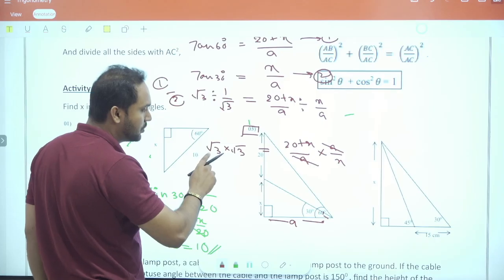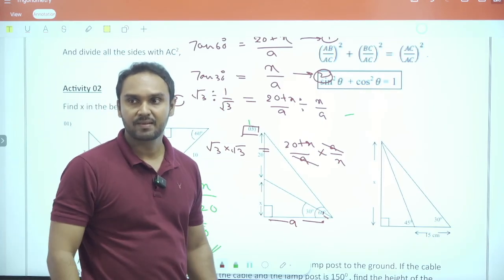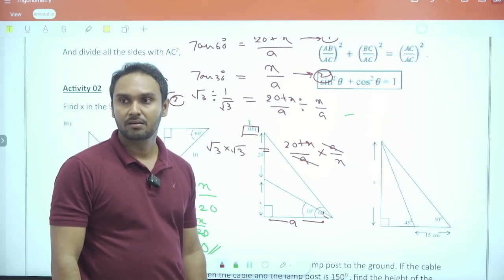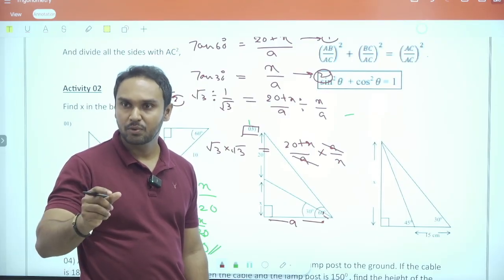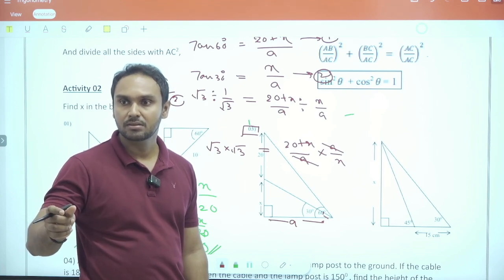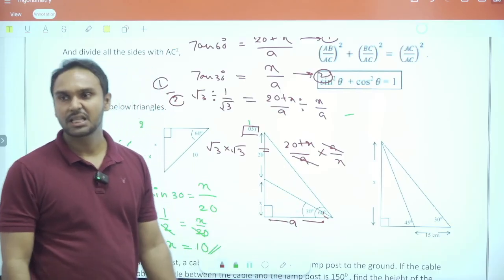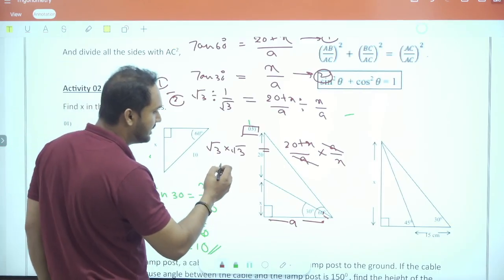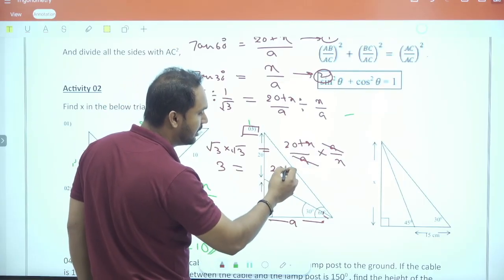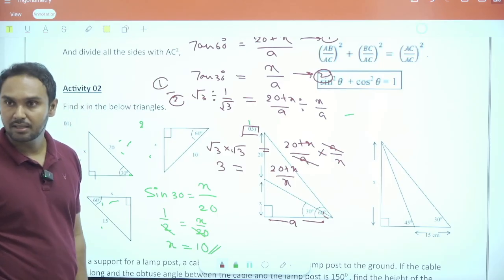Now what is root 3 into root 3? If you multiply the same root value by itself, the root will cancel. So this will be 3. 3 equals, what do you get here? 20 plus x divided by x, isn't it?